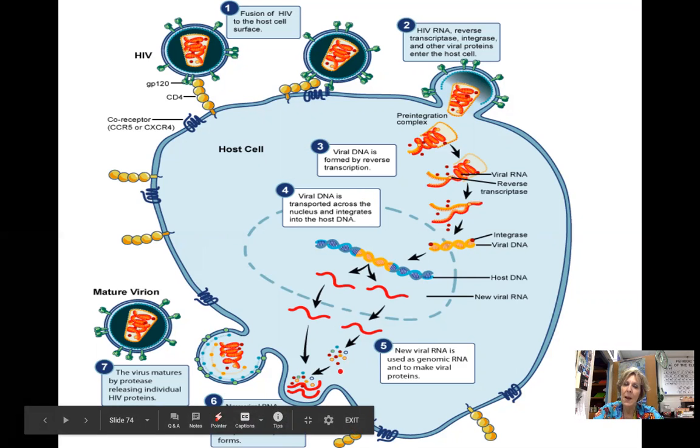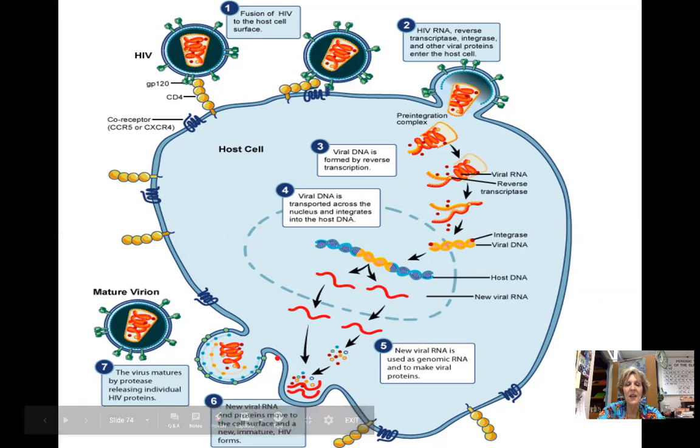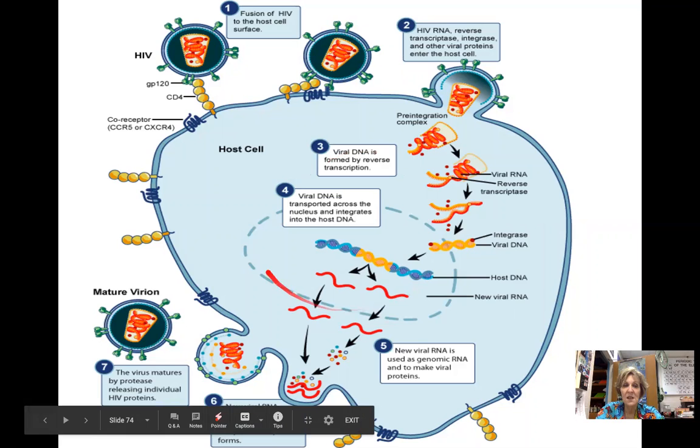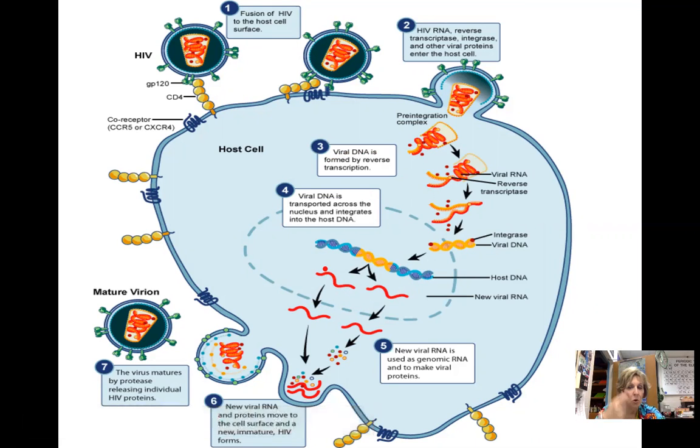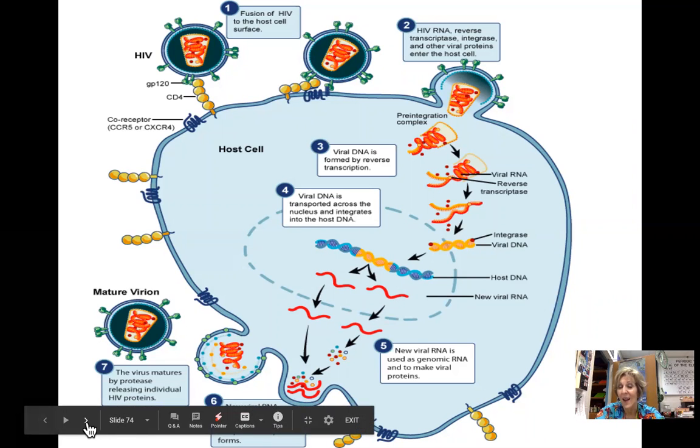And remember that protease is going to be the enzyme that is going to edit those viral proteins so that they're activated. They bud out from the helper T cell, and now I have a new mature virion, which is a single virus. So this poor little zombie helper T cell is going to crank out more of those HIV viruses until it dies.